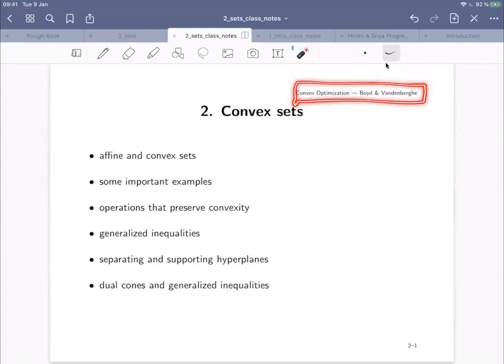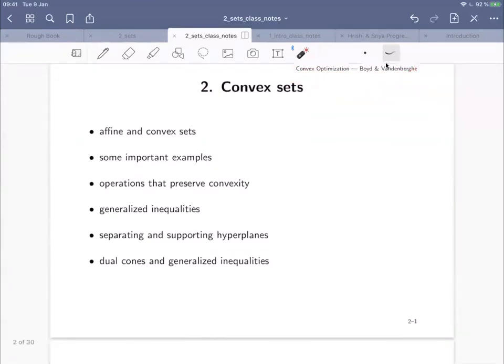Basically, these slides are prepared from his textbook, so we give courtesy to Stephen Boyd for this lecture. In this class we will see what a convex set is, how you define it, what the properties are, and what the operations are that preserve convexity.